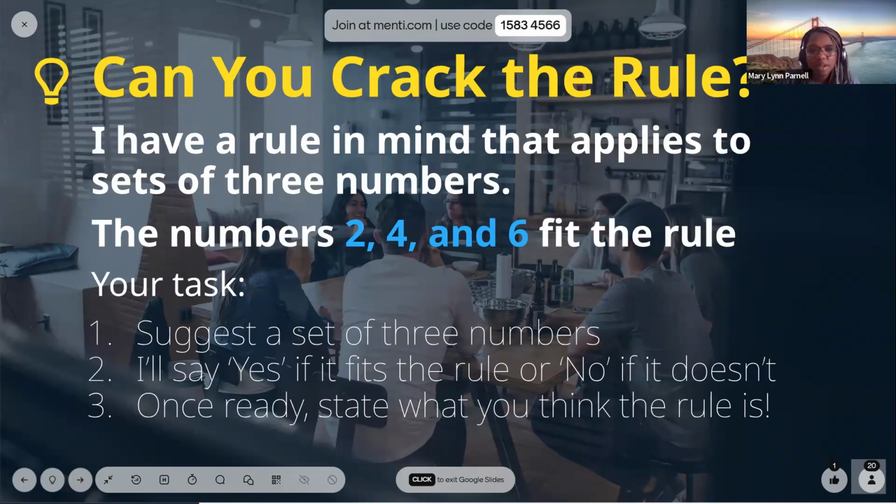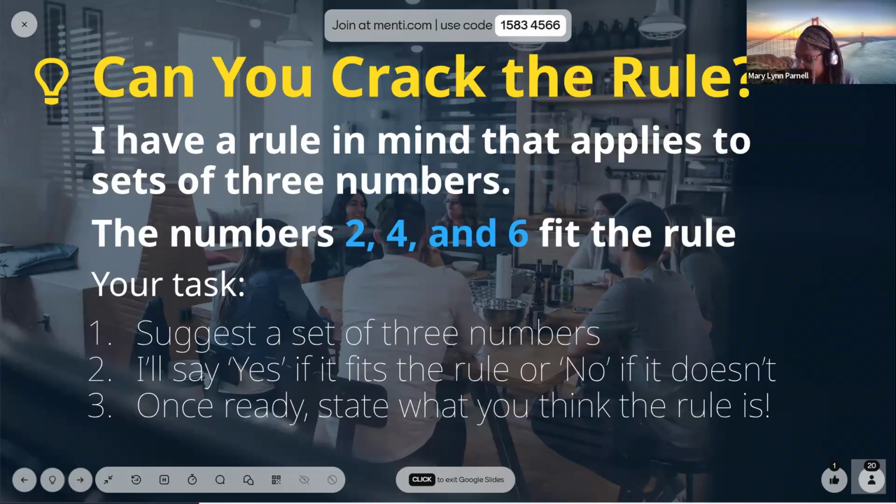All right. Either out loud or in the chat, what rule do you think it is? 3, 5, 6. If those are separate numbers, no. Or yes. 3, 5, 6 is a yes.